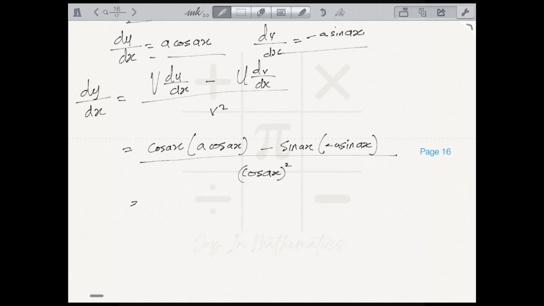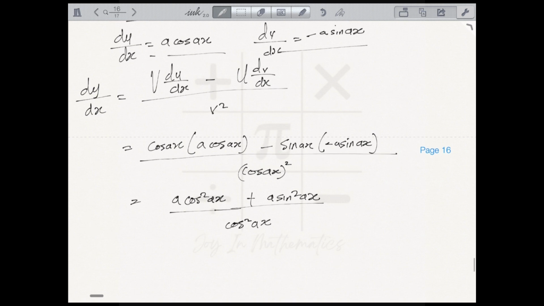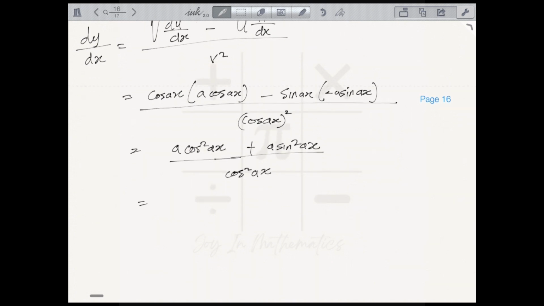So let's simplify further. This will give us a cos square ax plus a sine square ax divided by cos square ax. Now let's factorize the numerator by a.